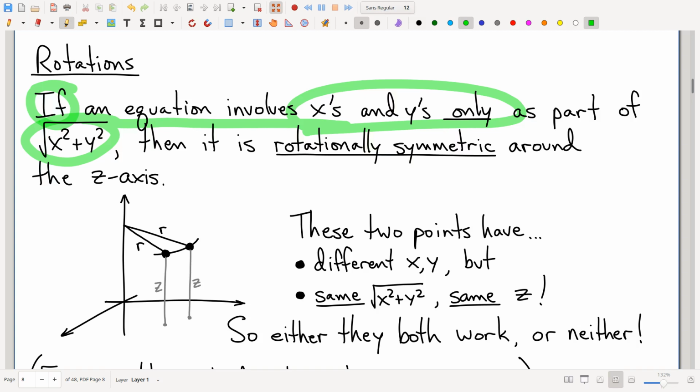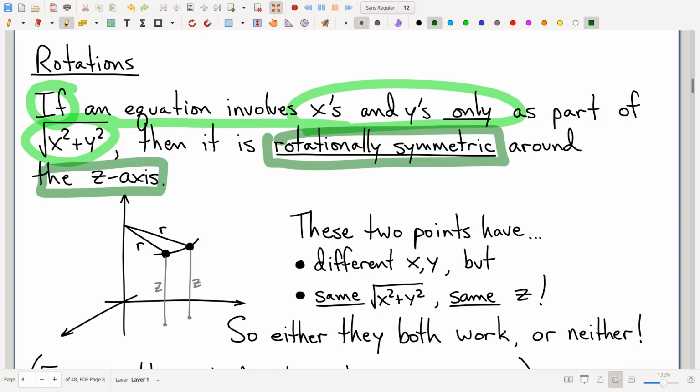But if this is the only way x and y appear, as part of the square root of x squared plus y squared, so there's no e to the x anywhere in your equation, there's no sine of y cubed or anything like that anywhere in your equation, x and y appear only as part of this form, then here's the very powerful geometric conclusion. Your surface is rotationally symmetric around the z-axis.